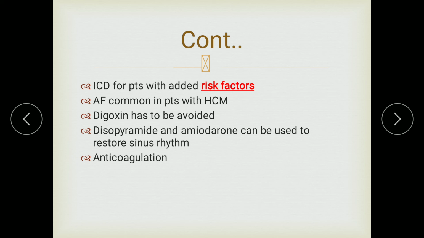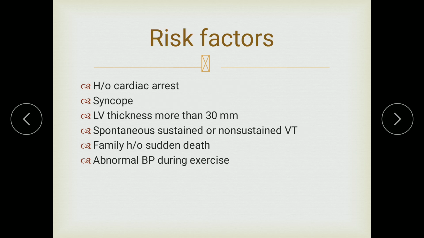Note that digoxin has to be avoided because digoxin is a positive inotropic drug which will aggravate the LVOT obstruction. If you want to convert the atrial fibrillation to sinus rhythm, two drugs can be tried. One is amiodarone. Another one is disopyramide, which is a negative inotropic drug. And anticoagulation can be considered to prevent embolic manifestation if the patient has atrial fibrillation.